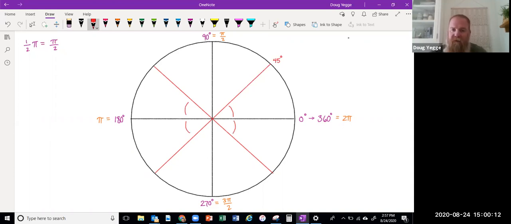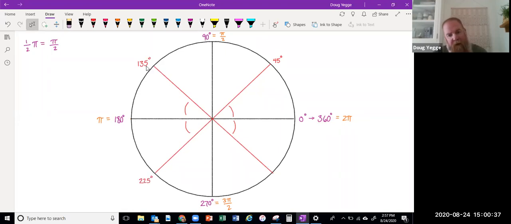So if we continue to move our way around, 45 plus 45 gives me 90 degrees. 90 degrees plus another 45 gives me 135 degrees. If I add another 45, I'm now at 180. Keep adding 45, this gives us 225 degrees.